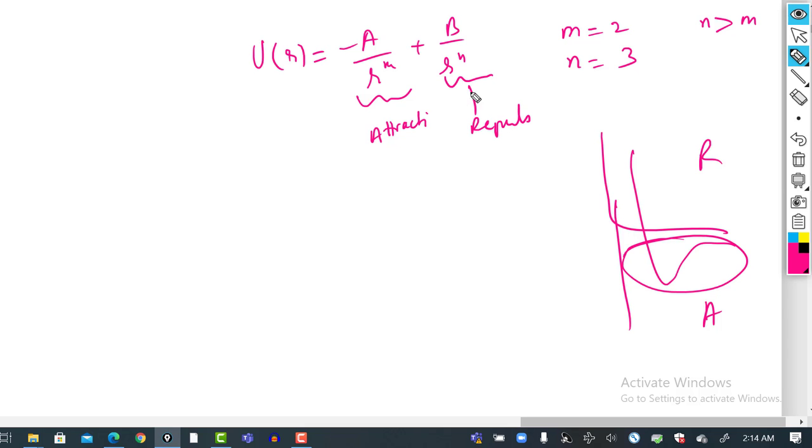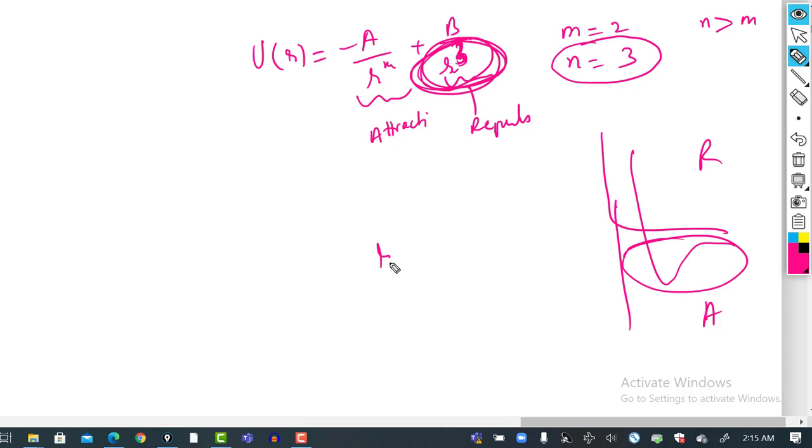So basically you can see that n should always be greater. Why? Because if n is greater, it means the power of the repulsive part is greater, so it is going to dominate when r becomes so small. So the power is higher, that is why it is going to dominate when r is smaller.